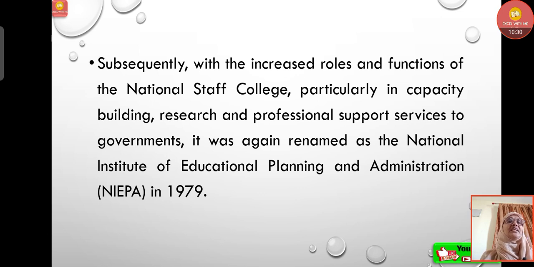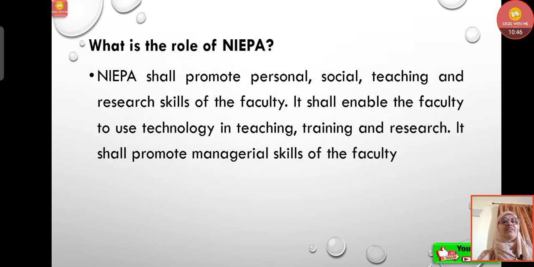Subsequently, with the increased roles and functions of the National Staff College, particularly in capacity building, research and professional support services to governments, it was again named as the National Institute of Educational Planning and Administration in the year 1979.